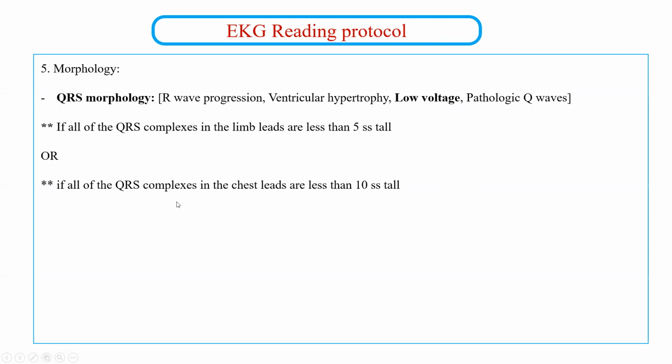Or if you look at the precordial leads, V1 to V6, and all the QRS complexes in all of these leads are less than 10 small squares tall, this is a low voltage. And we know the causes of low voltage, either obesity, pericardial effusion, pleural effusion, COPD, anything that can make the distance between the heart and the chest wall larger, okay?